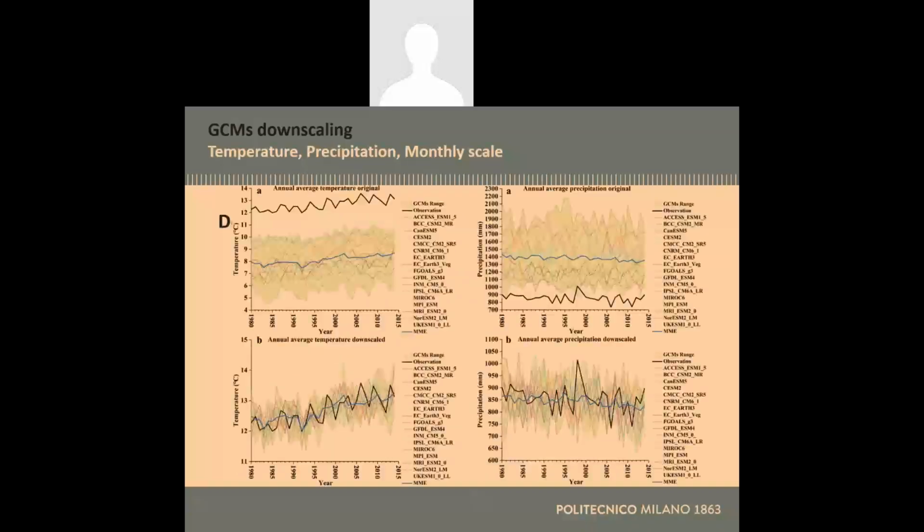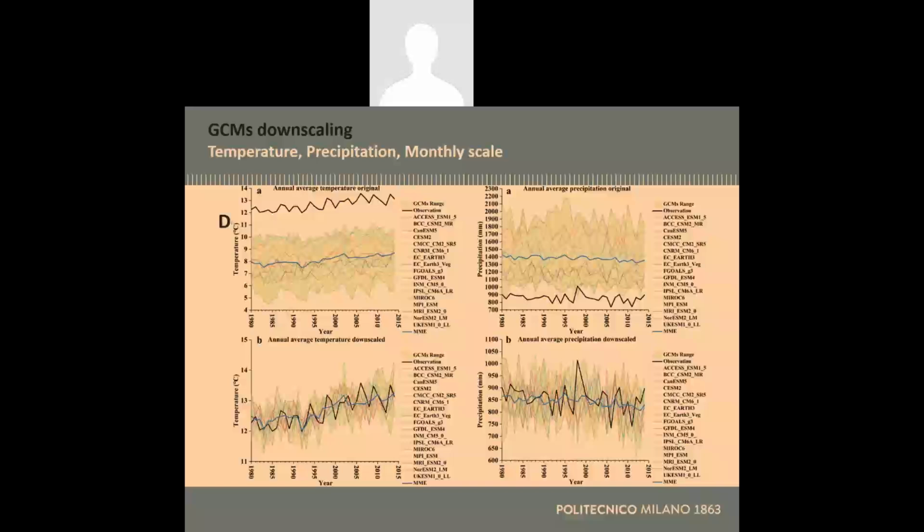This is the yearly downscaling result. This is before. This is the observation. You can see it has a big difference, also for temperature. But after downscaling, when I use the average of 70 models, you can see they have a similar result.